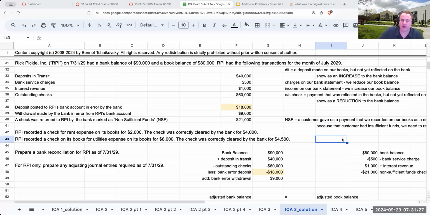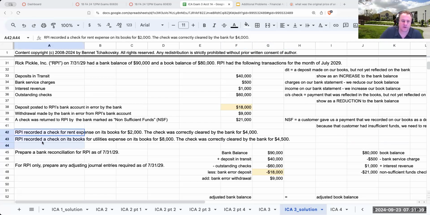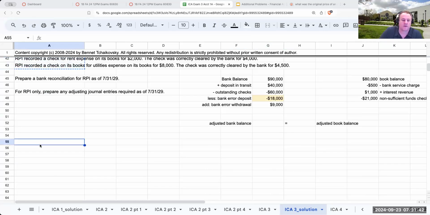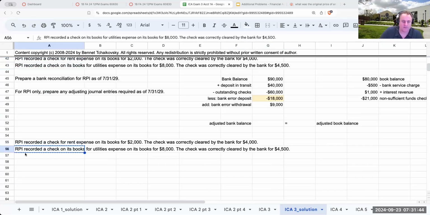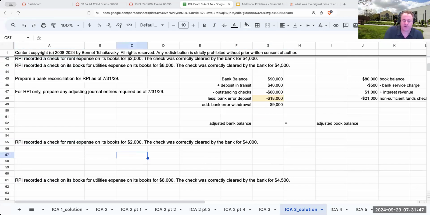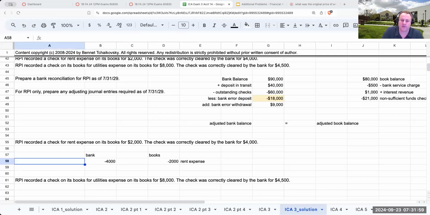RPI recorded the check for rent expense on its books for 2,000, right? So basically this 2,000 over here, I'm going to bring this down just so we can look at these a little bit more carefully. So for this first one, on my books it was showing as a check for rent expense of 2,000. However, the bank correctly cleared the check for 4,000. So there was some kind of typing error.